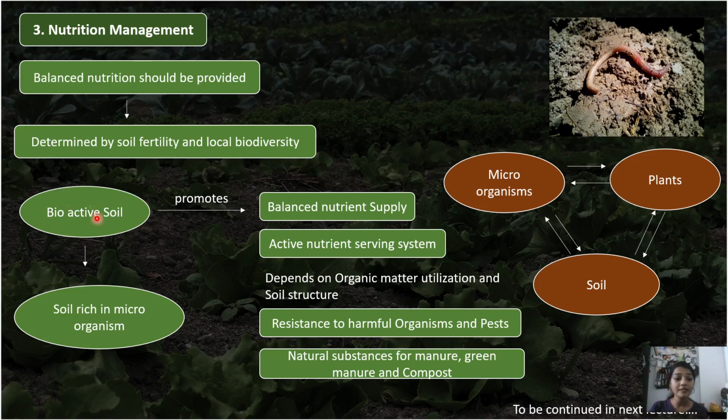If your soil is biologically active, it will ultimately keep the harmful organisms away from the plant, because your plant will also be healthy, and a healthy plant is never attacked by pathogens, right? So nutrition management is also an important activity to prevent diseases.